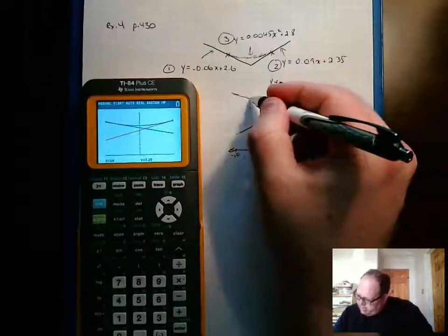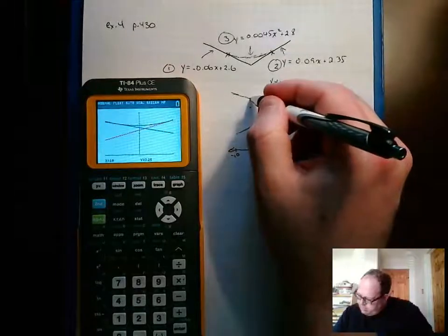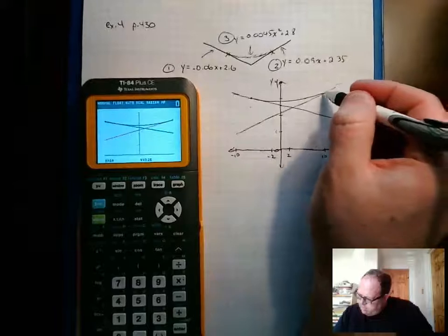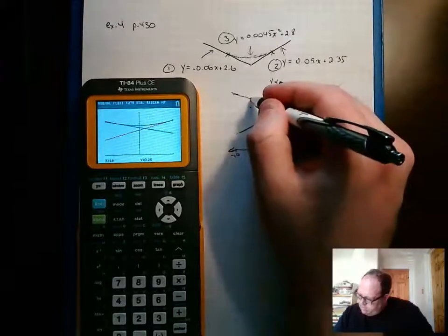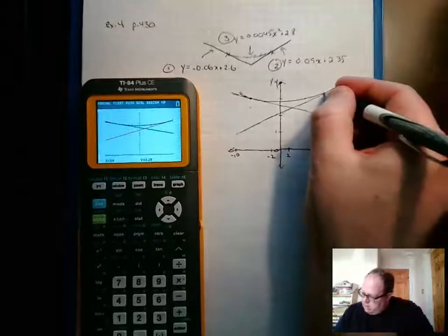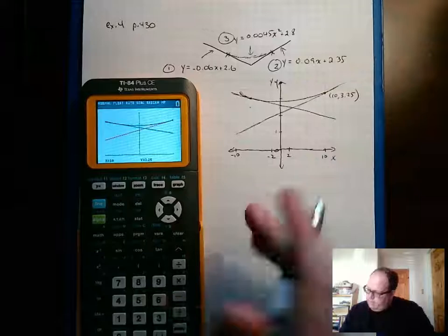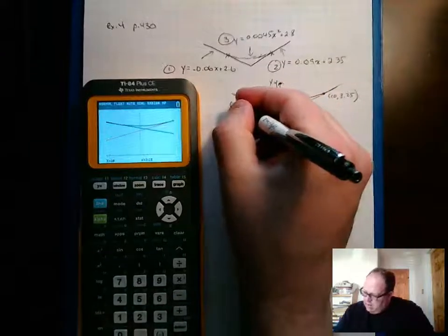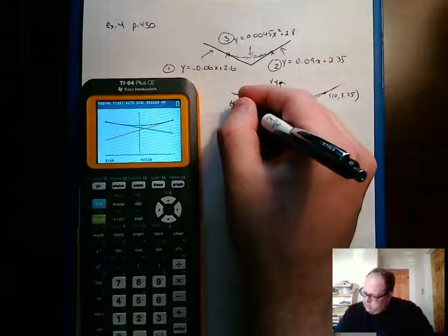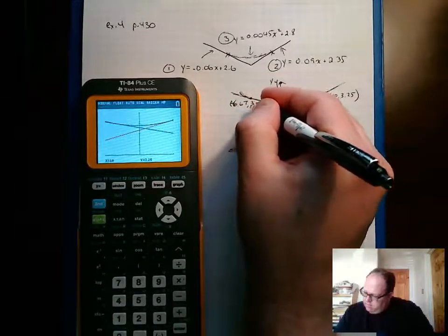Second line and the quadratic. Smooth curve joining those 2 points. Our intersections were at 10, 3.25, and at about -6 2/3 and 3.